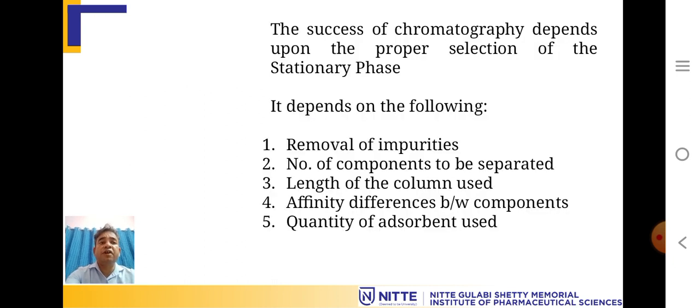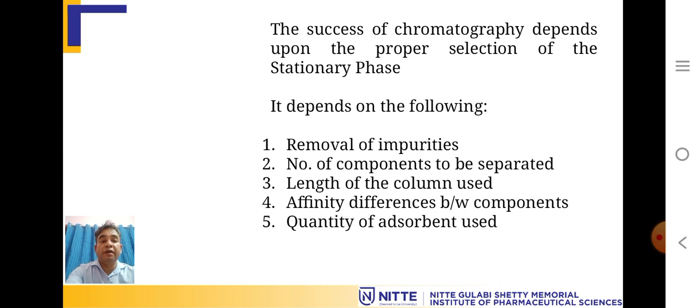The success of chromatography, especially column chromatography, depends upon the proper selection of a stationary phase. If we don't choose the proper stationary phase, the separation may be difficult. When the interaction between the stationary phase and the sample to be separated is very high, it is very tough to elute it out from the column. So make sure the column you have filled with the stationary phase has neither too high an interaction with the sample, nor so weak an interaction that the sample doesn't retain on the stationary phase and moves out of the column.